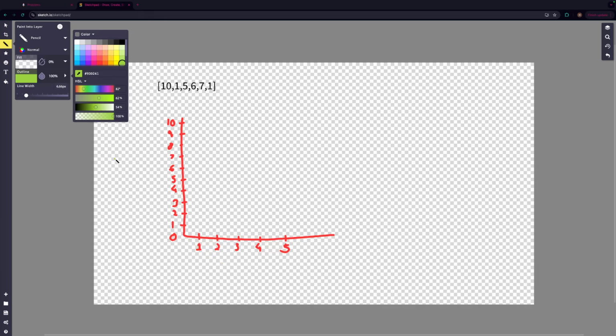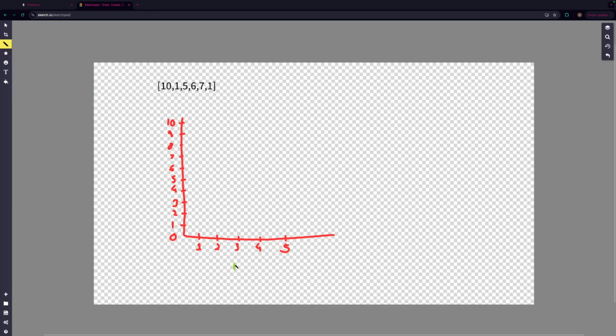I didn't label this. I should have labeled this, but this is days. So I guess the index of the array. And then over here we have price. Let me fix that. So on day 0, so this is 0, 1, 2, 3, 4, 5. That's a horrible 3.